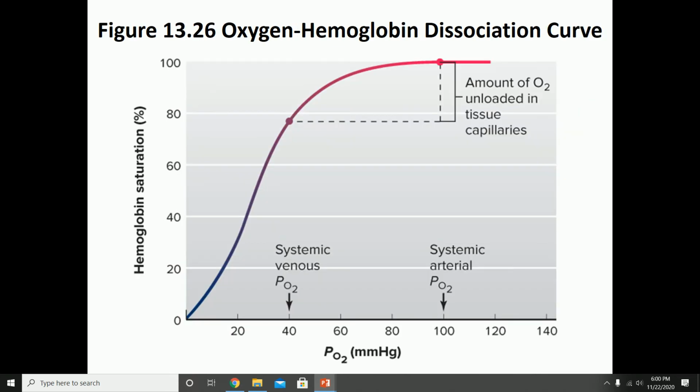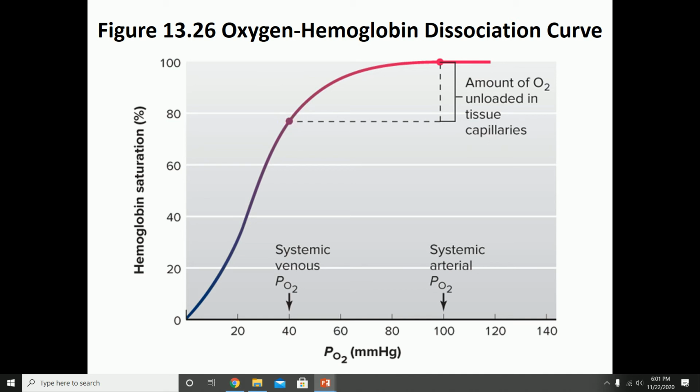You can see this curve right here where when hemoglobin is at 100%, that means that it has all 4 oxygen molecules attached. In the systemic venous circulation, where it is now deoxygenated hemoglobin, it gets rid of just 1 of the 4 oxygen molecules, and it is about 75% saturated.